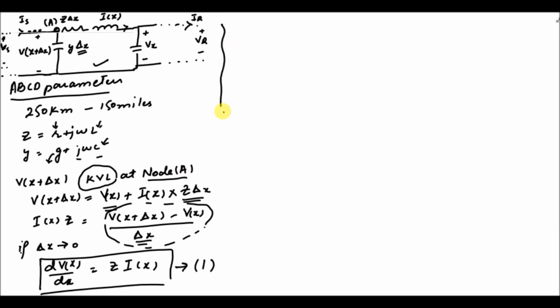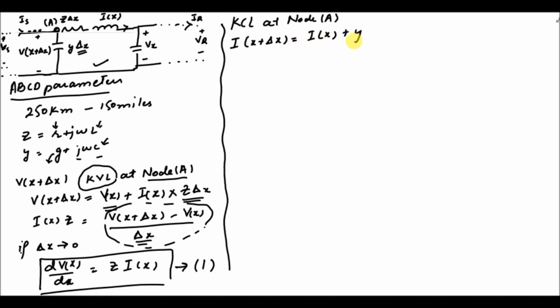Now we will apply KCL at node A. In KCL, we will have the equation that is Ix plus y del x times the voltage at x plus del x.